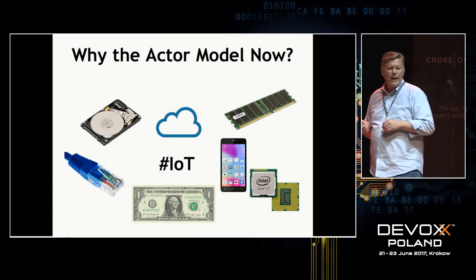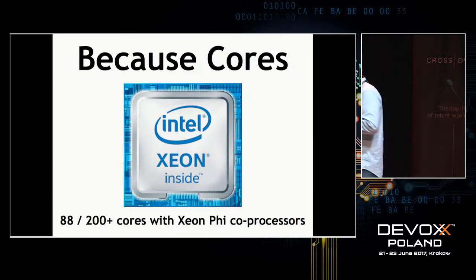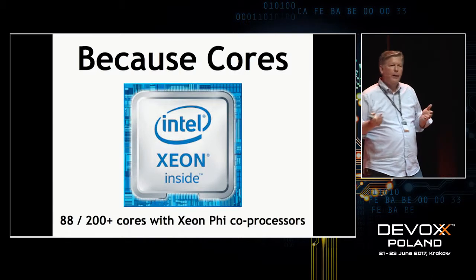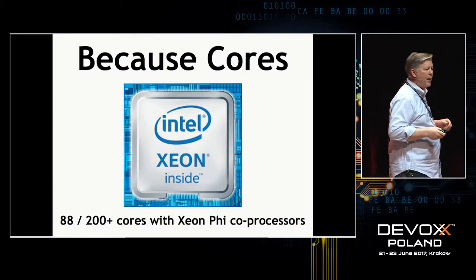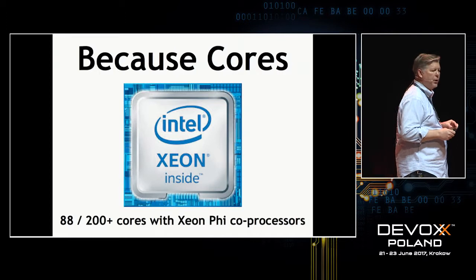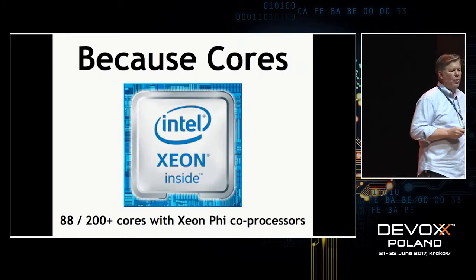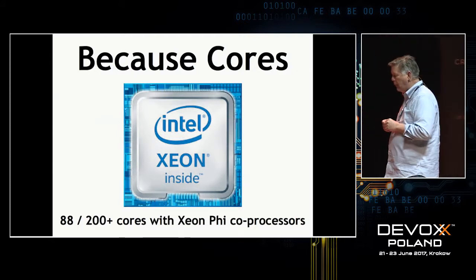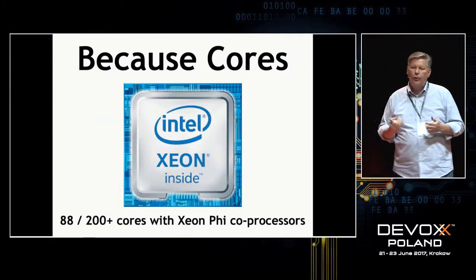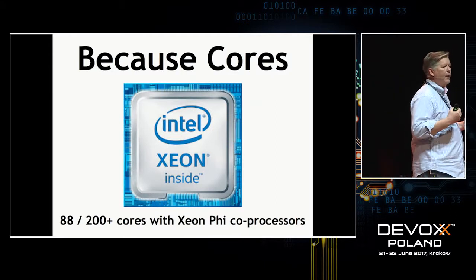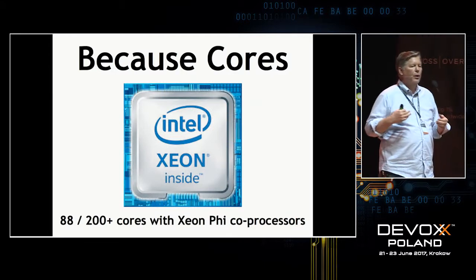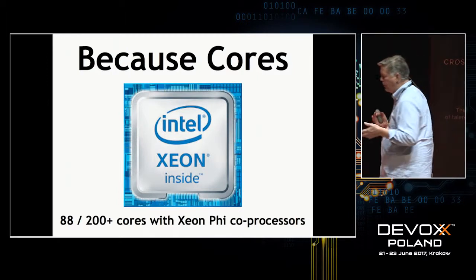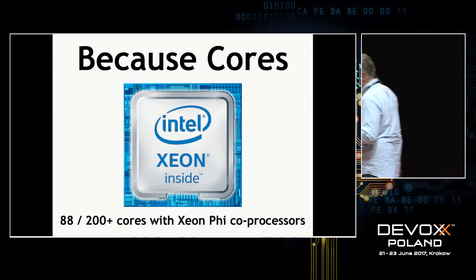But to re-emphasize the fact that cores matter, note what can be obtained today rather commonly and without very much cost. The Intel Xeon processor can support up to about 88 cores, and if we decide to go co-processor with the Xeon Phi, we can actually get 200 plus cores on a single processor.